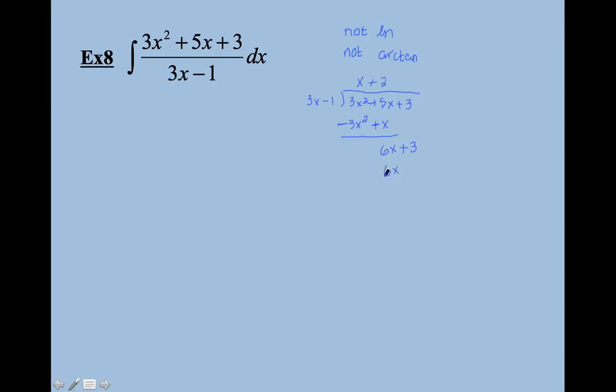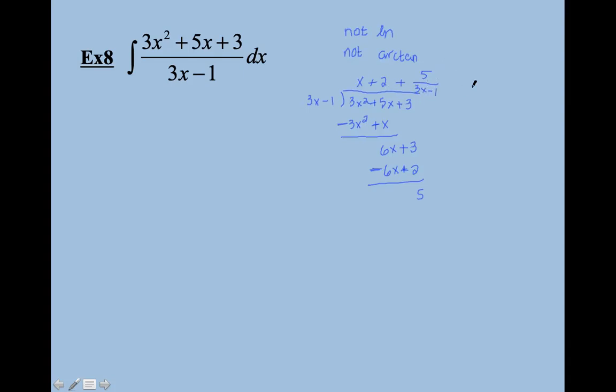2 times -1 is -2. The next step is to subtract. So that's going to make this negative and this positive. The 6x's are going to cancel. 3 plus 2 is 5. I cannot multiply 3x by something and get a 5, so that's my remainder. And I'm going to write it as 5 over my divisor, which is 3x minus 1.